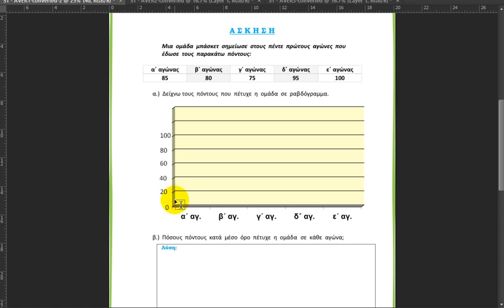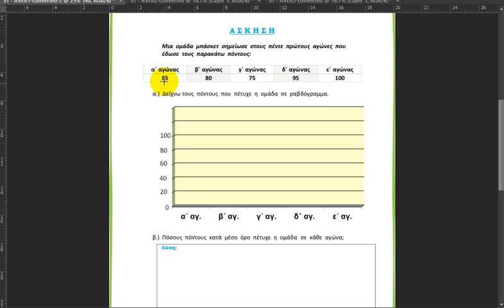So in between each of these lines is 20 points. So here's 20 points, and here's another 20 points, and another 20 points, and another 20 points, and another 20 points. Here we finally reach 100. We don't have any more than 100. Here would be 120, and here would be 140, but there's no point in putting those since I don't have values more than 100. And I want to put the bars in place.